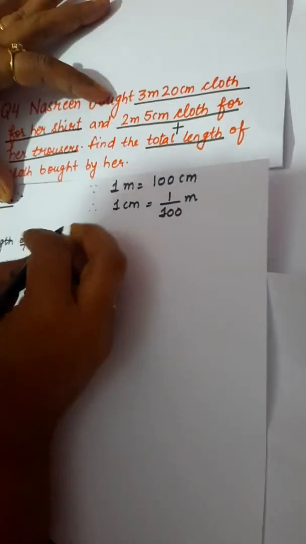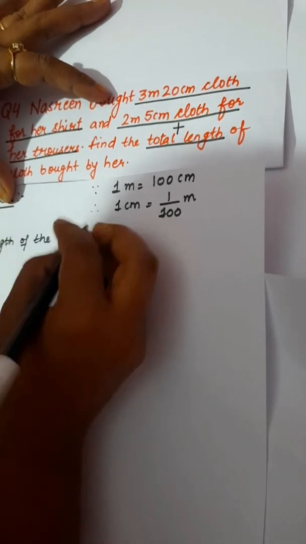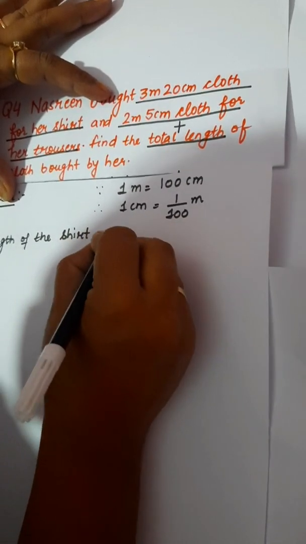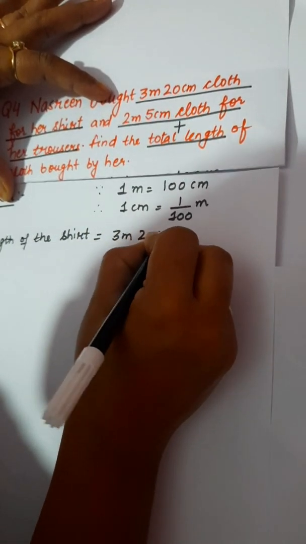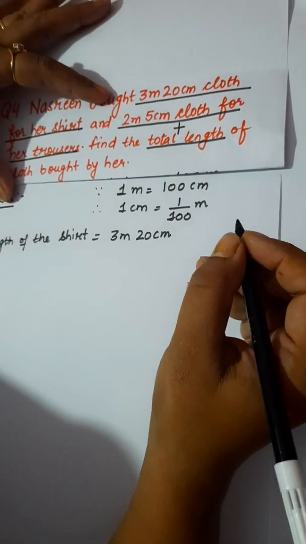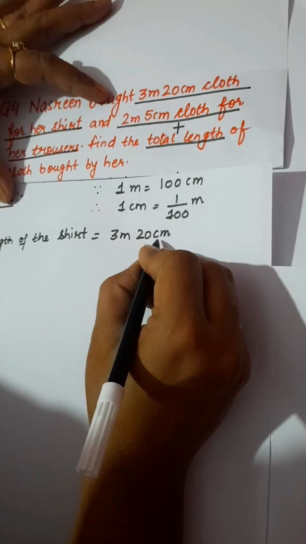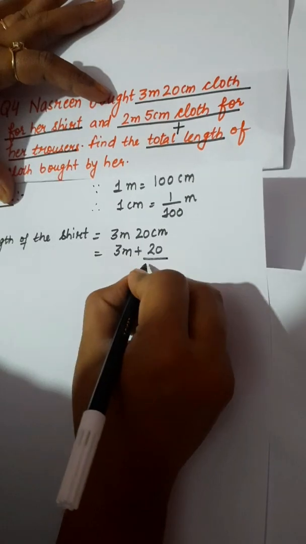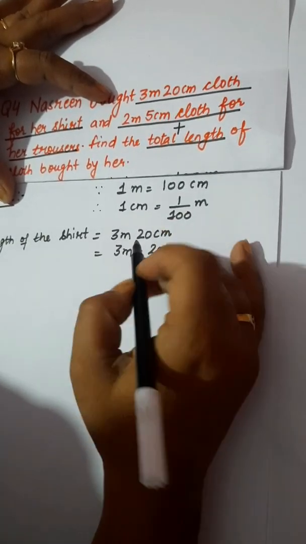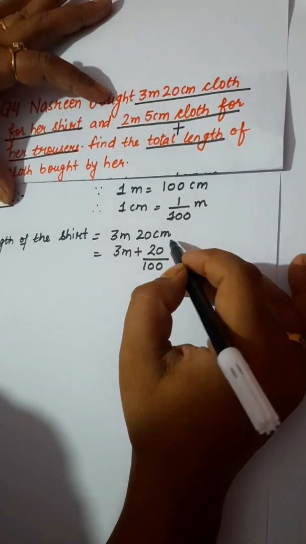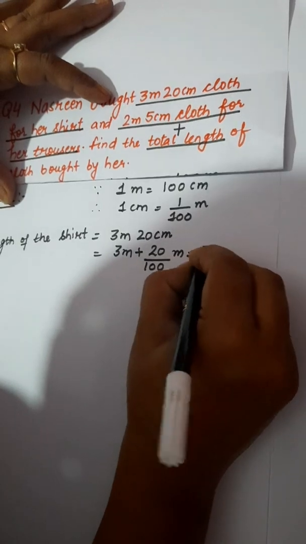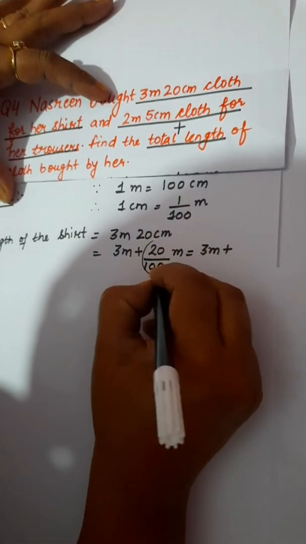Now here I will write length of the shirt is equal to 3 meter 20 centimeter. As we did in the earlier exercise, whenever you have to express centimeter as meter, just divide the given number by 100. So I will write 20 upon 100 meter. Now I will write this 3 meter as it is in decimal form.